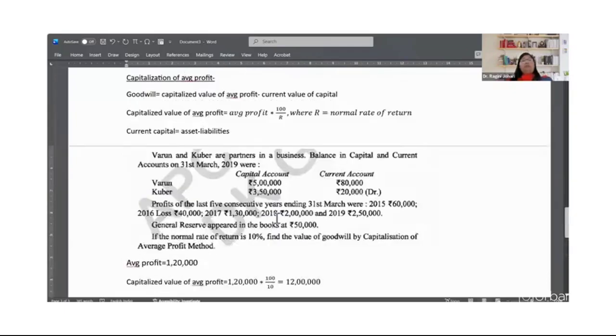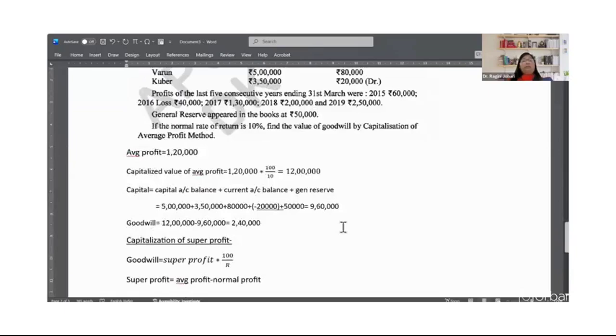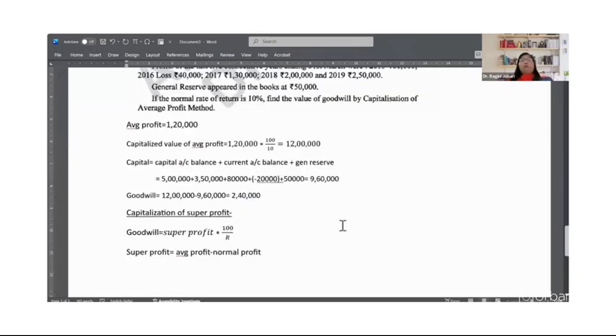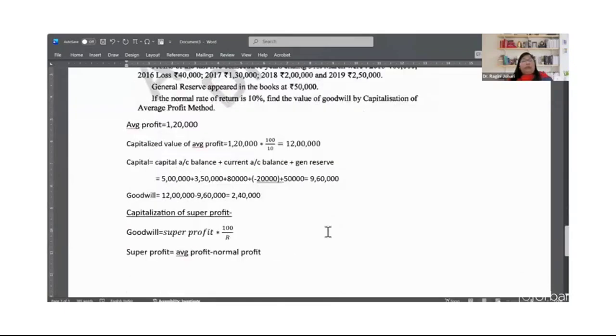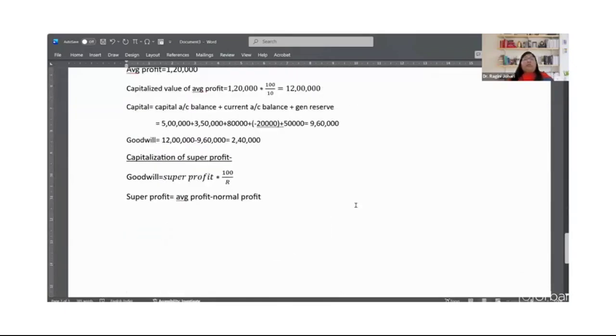If we use the same question which is here, we have average profit and we have normal profit also. How do we calculate normal profit here? Average profit, if we use the same question, is 1,20,000.